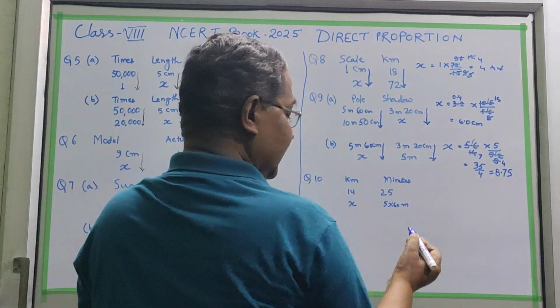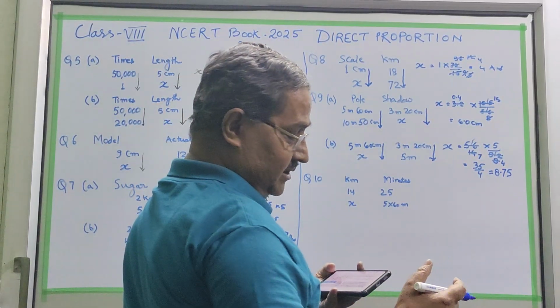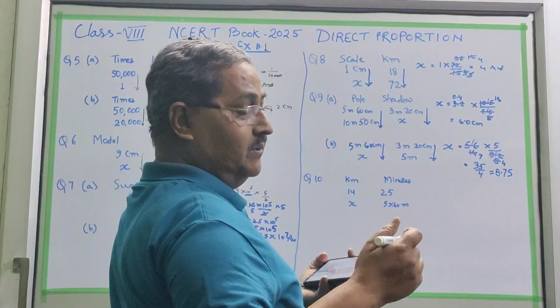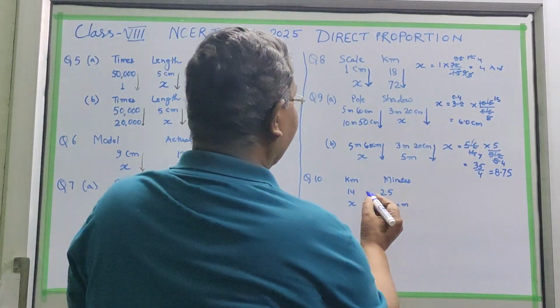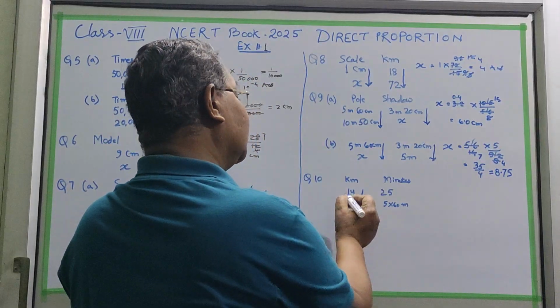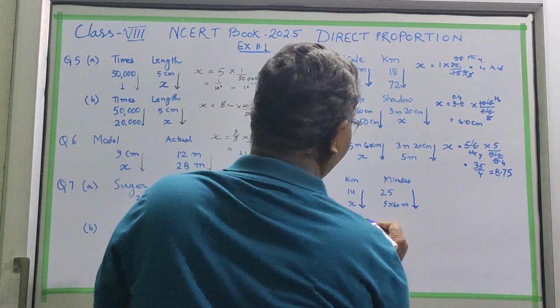Now again the ratio: if it runs more hours, it will travel more kilometers. If it travels less time, the kilometers traveled will also be less. So a direct proportion is there. It means both arrows will be always in the same direction.